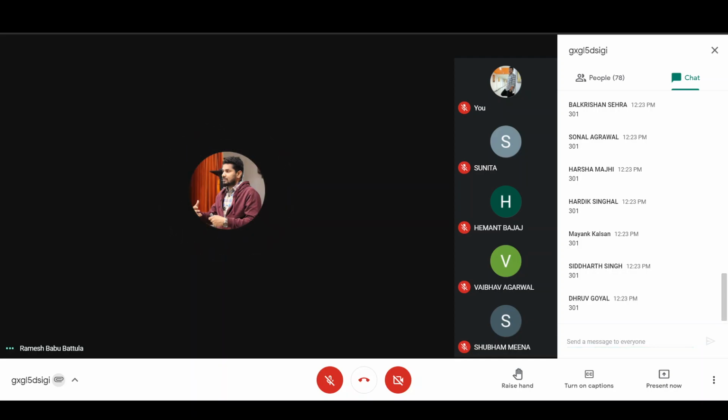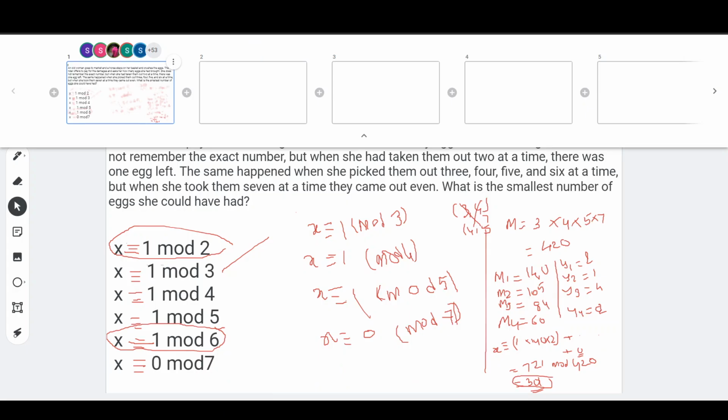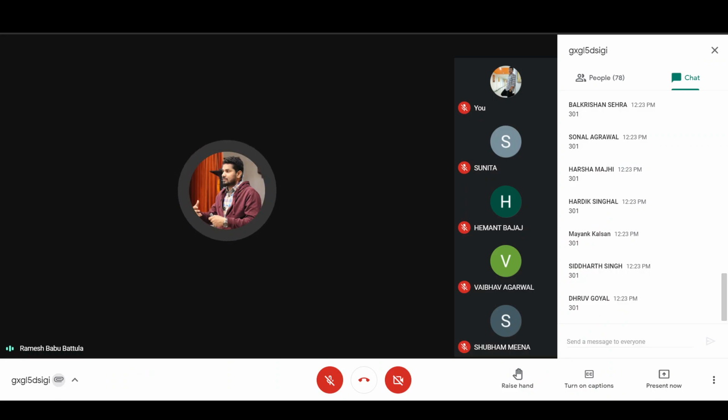So now we move to discuss the RSA algorithm. There are three mathematicians, Rivest, Shamir, and Adleman. These three designed this particular algorithm.